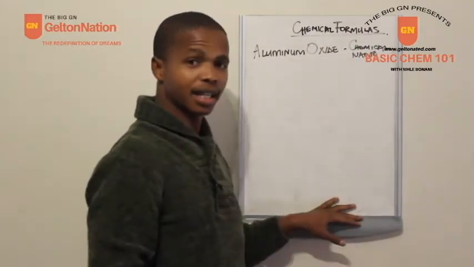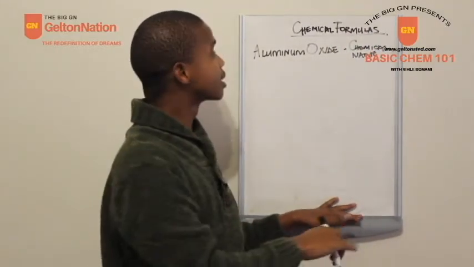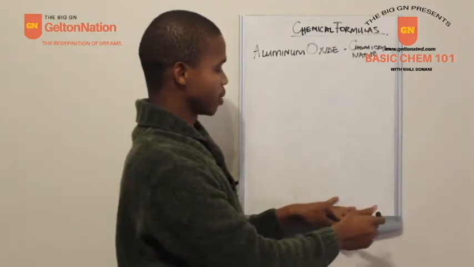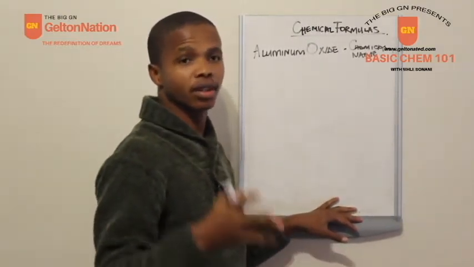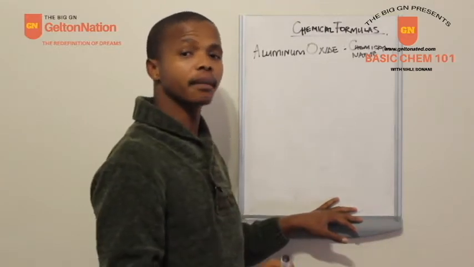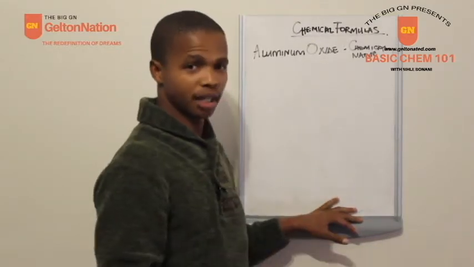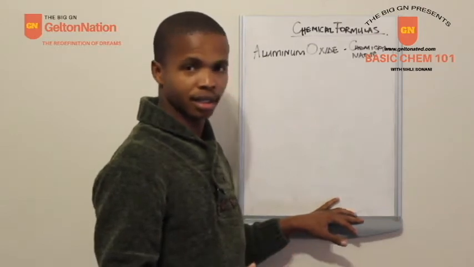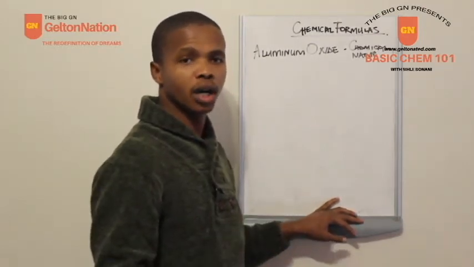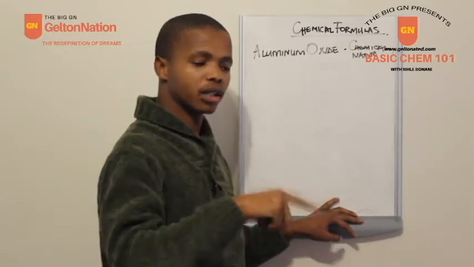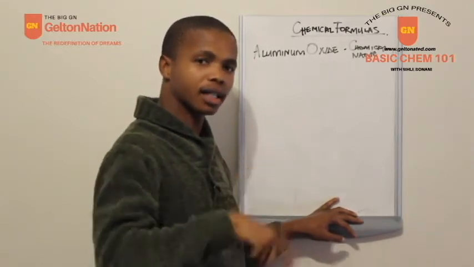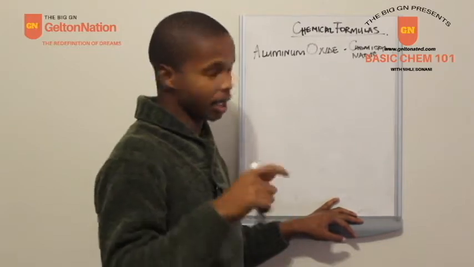Now, if this is a chemical name, what you would know is that aluminium oxide consists of oxygen and aluminium. Obvious. But now you do not know the proportions in which oxygen and aluminium are in aluminium oxide.